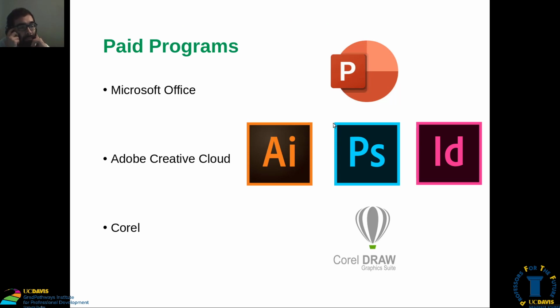And finally, these are some of the paid programs that other professionals use. We will talk a lot about the specifics of these programs at some future workshop, since we don't have access to these programs anymore on campus. But think about Microsoft Office as a very quick and dirty program to use. You mentioned that in the next one, but think about using that since it's come a long way.